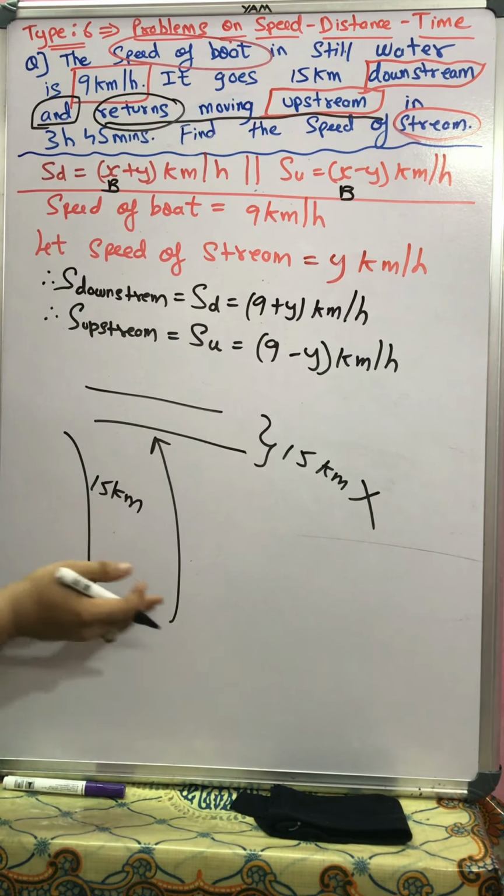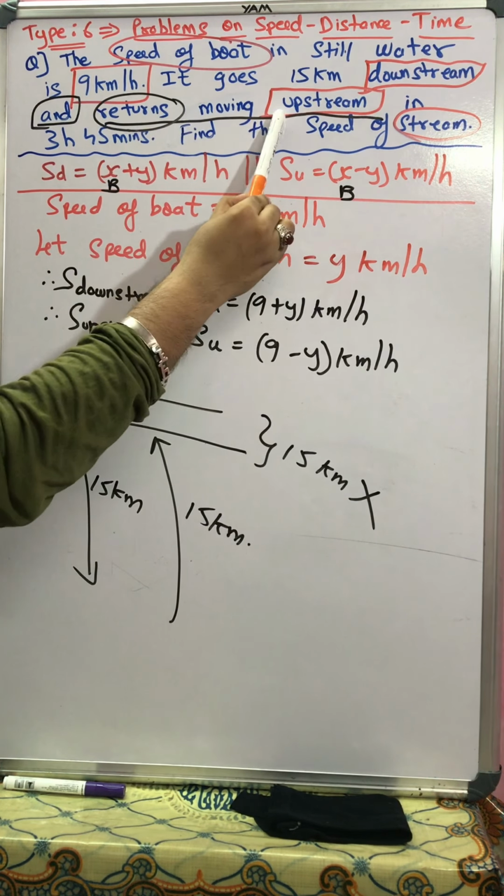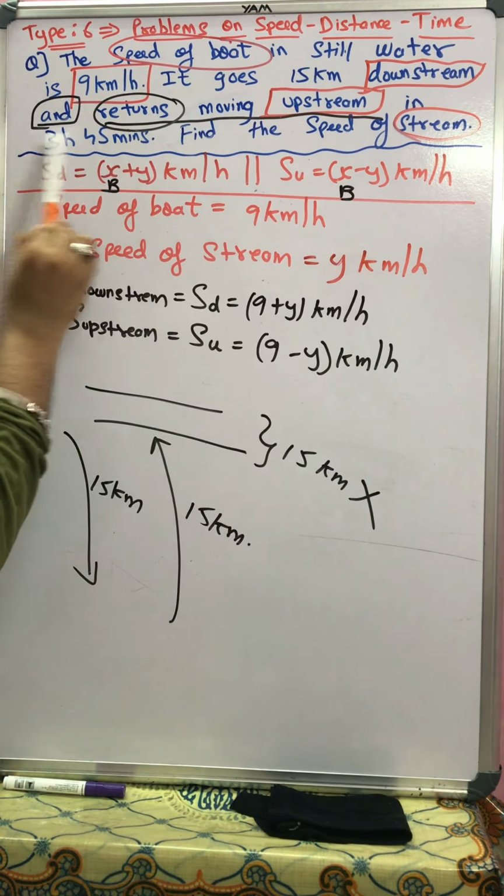Understanding? Okay, once again, it goes 15 kilometers downstream and returns moving upstream in 3 hours 45 minutes. And the total time required for both the actions, downstream as well as upstream, is 3 hours 45 minutes. So students, can I say in short what I need to find?